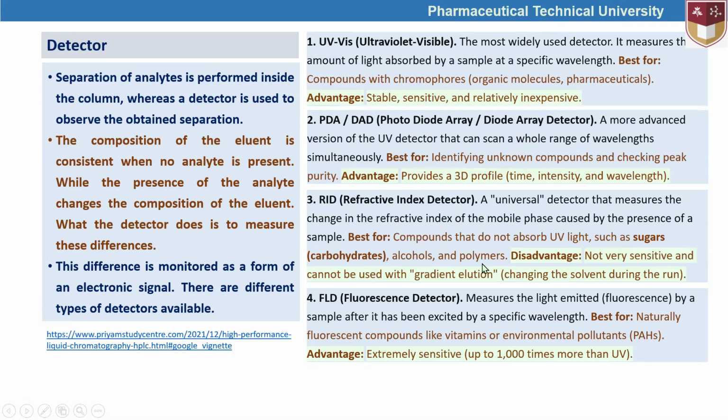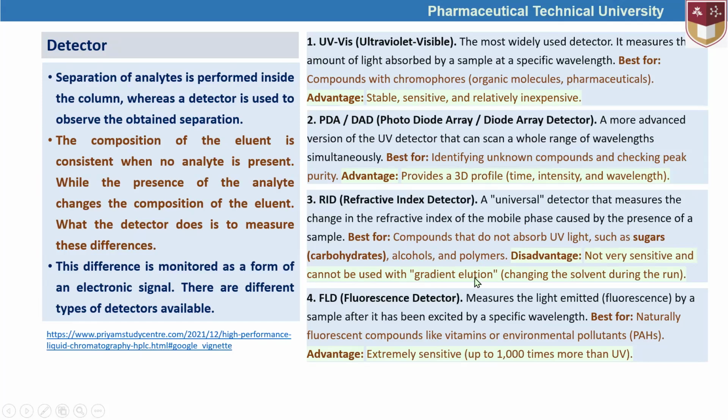Another one is the refractive index detector. Compounds that do not have chromophore groups, like sugars, other carbohydrates, alcohols, or polymers, can be detected by using refractive index detectors. Its disadvantage is that it is not very sensitive and cannot be used with gradient elution.